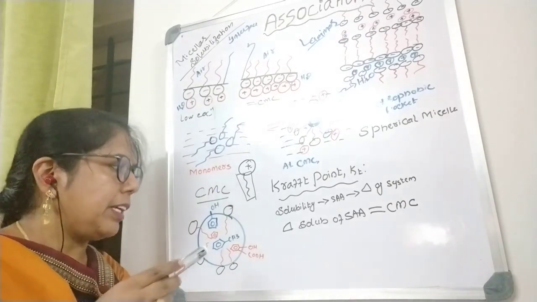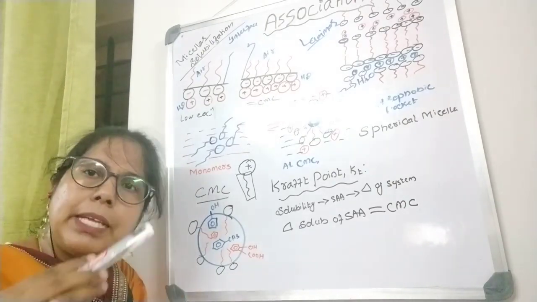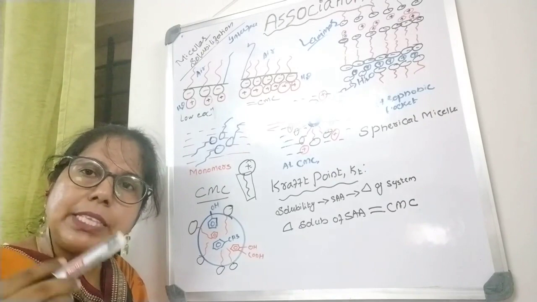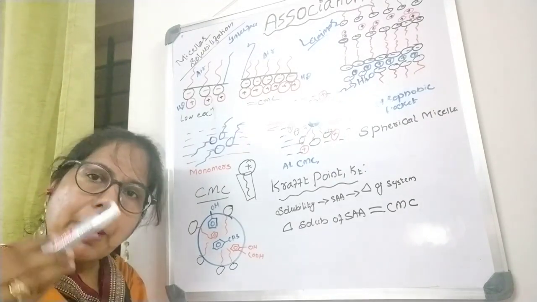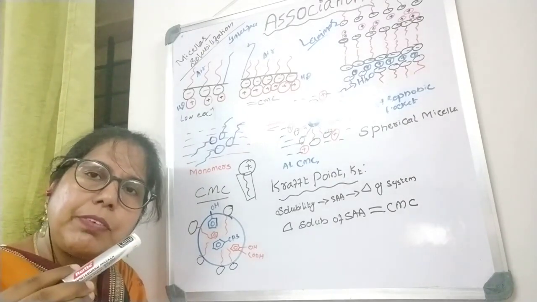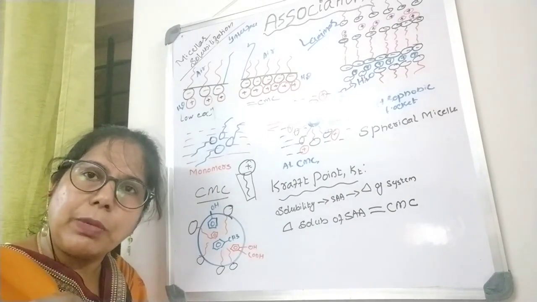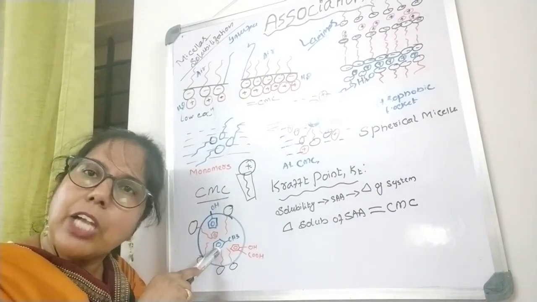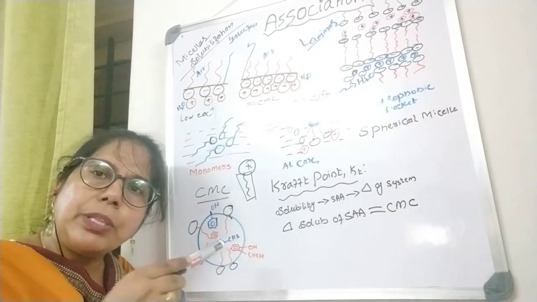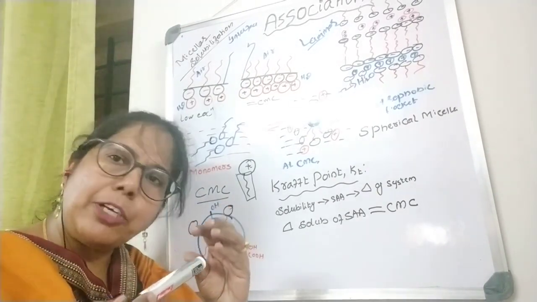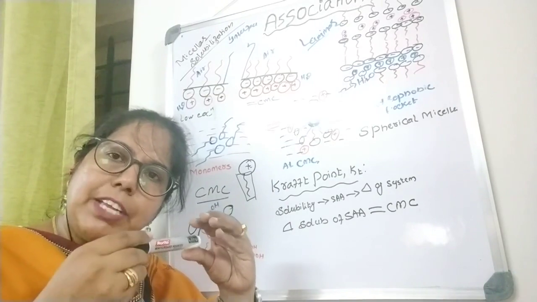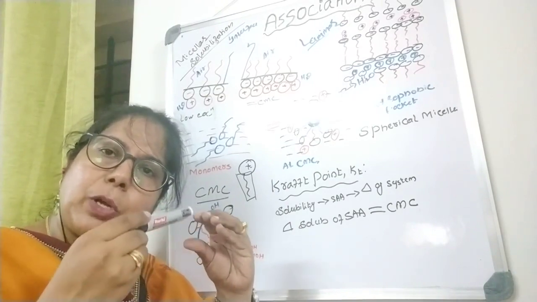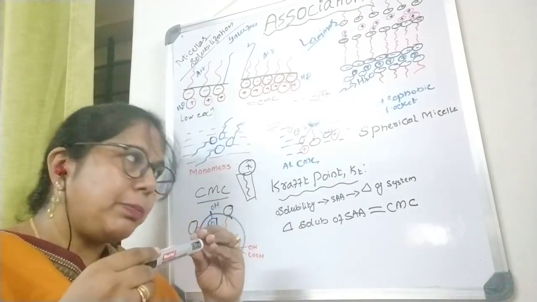Here we have taken a few examples: benzene, toluene, phenol, salicylic acid. What will happen if we take these types of drugs, and how will they form the micellar solubilization? We know that benzene and toluene are non-polar in nature, so they are always present within the hydrophobic pocket of the micelle.